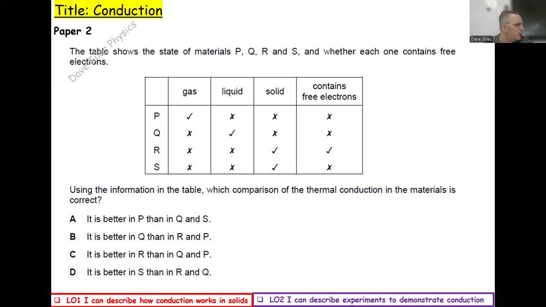Okay, so solid is good for conduction. So the best one will be R. And it's also got free electrons. That is the other main thing. We're looking for free electrons, so it's a metal. So the answer is C.